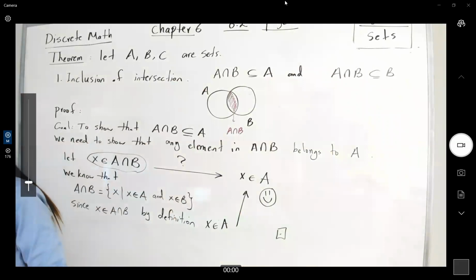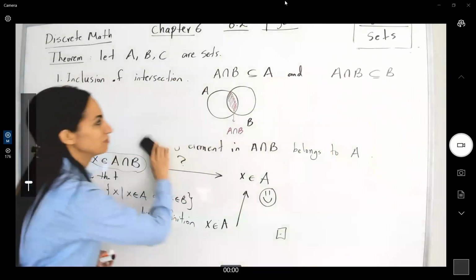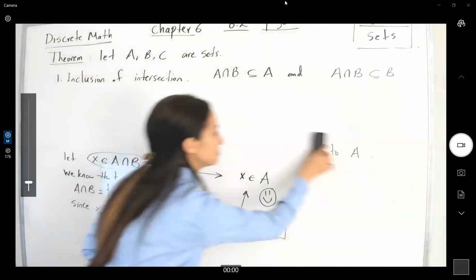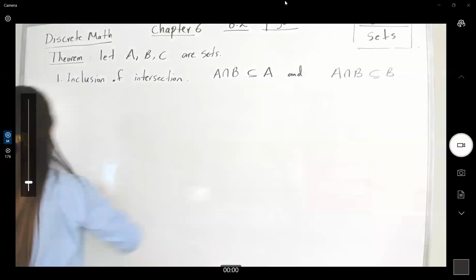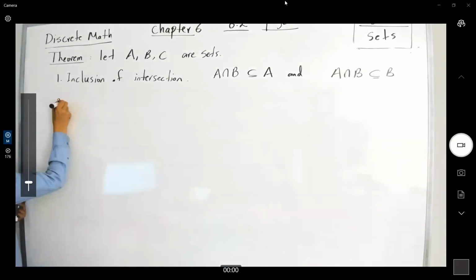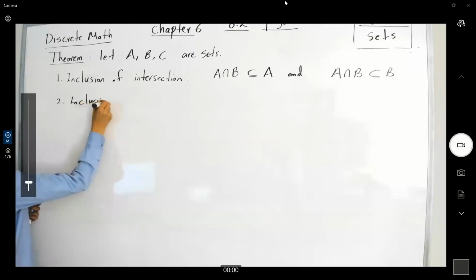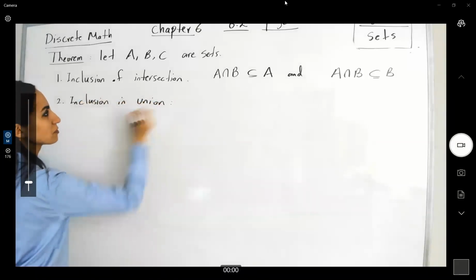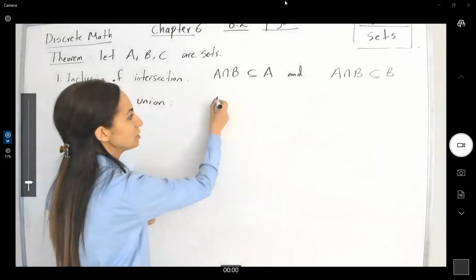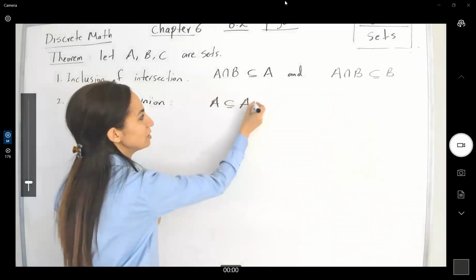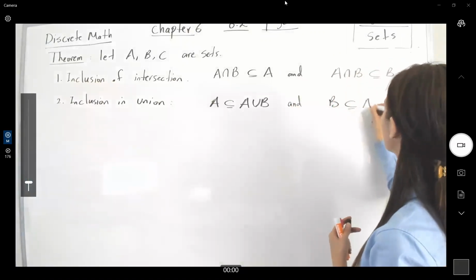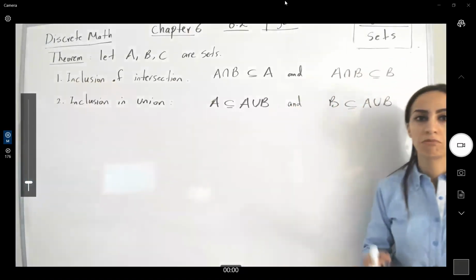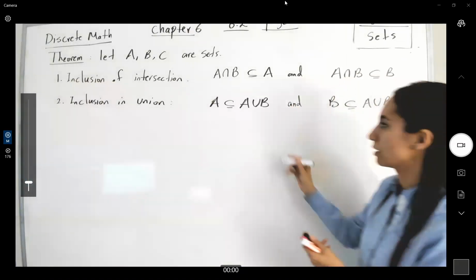The second one is inclusion in union. It means that A is a subset of A union B, and B is a subset of A union B. Well, let's take a look at the Venn diagram.